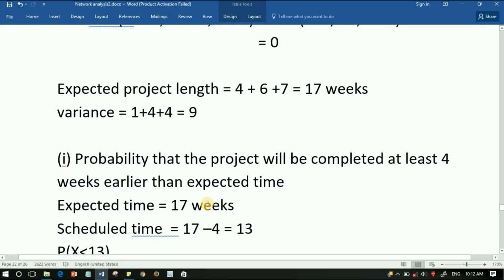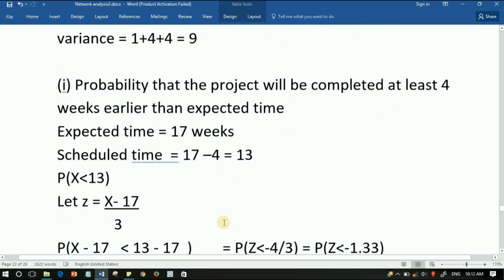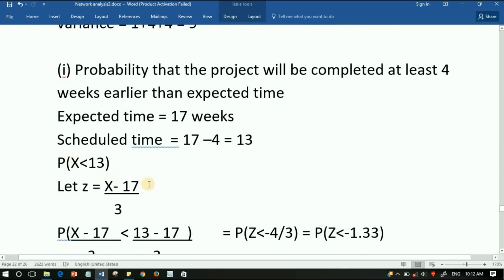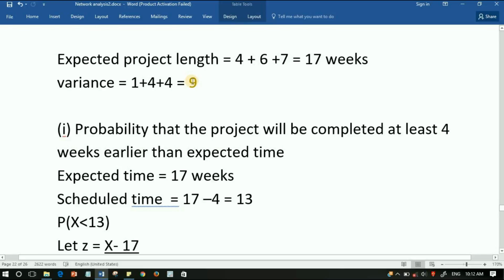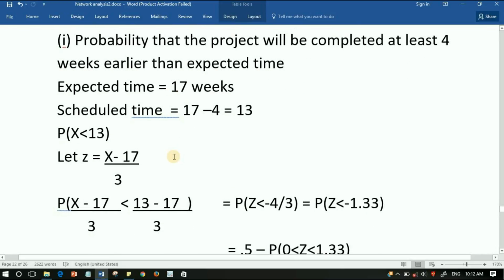Then the probability that the project will be completed at least 4 weeks earlier than expected: since the expected project length is 17 weeks, the work should be completed in 17 minus 4, that is 13 weeks. That is probability of x less than 13. It follows the normal distribution, so we convert into standard normal distribution. Let z be equal to x minus the expected value 17, divided by the standard deviation, which is the square root of 9, that is 3.